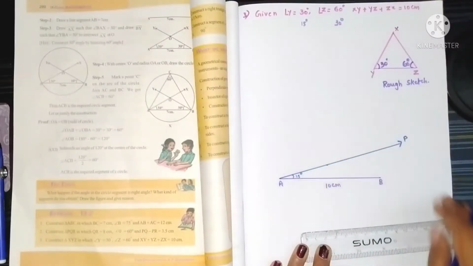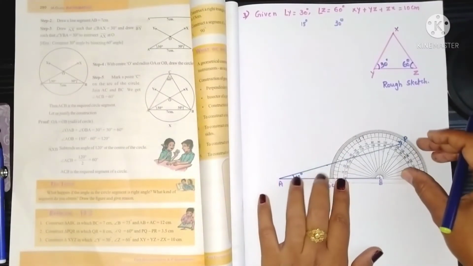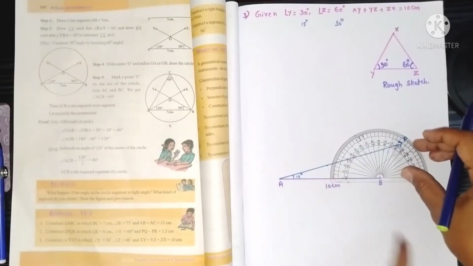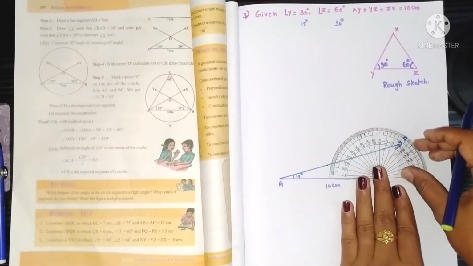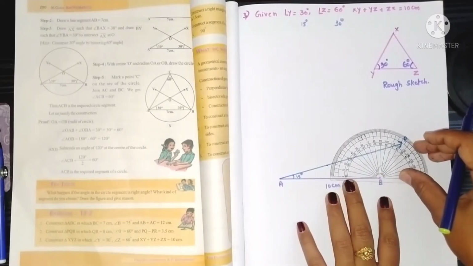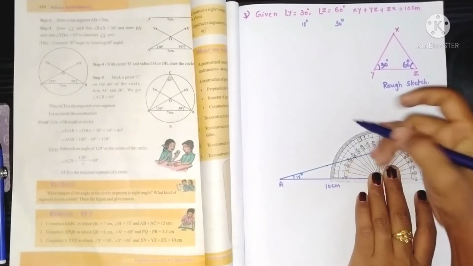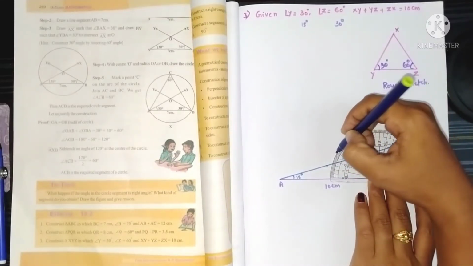Now half of 60 is 30 degrees. So with the protractor at B, 30 degrees. So from this side, take the scale above and mark 30 here.